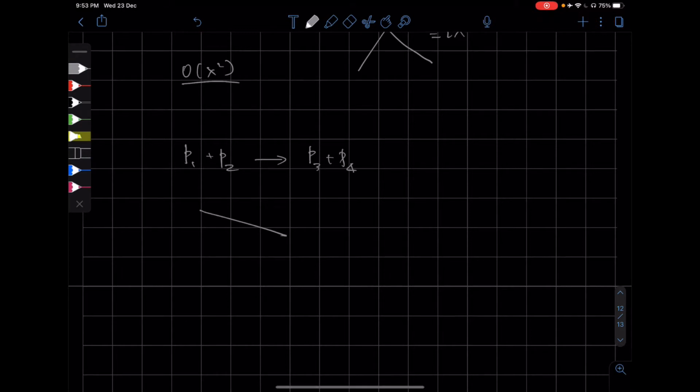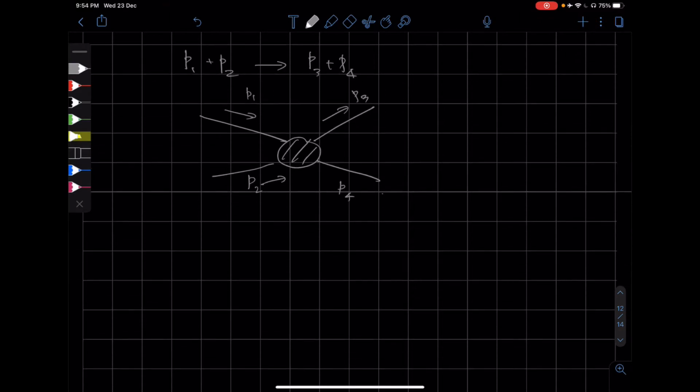So two particles coming in with momenta P1 and P2, and then two particles going out with momenta P3 and P4. Now, the question is, what are the Feynman diagrams of this process in phi to the power 4 theory, say up to order lambda squared?